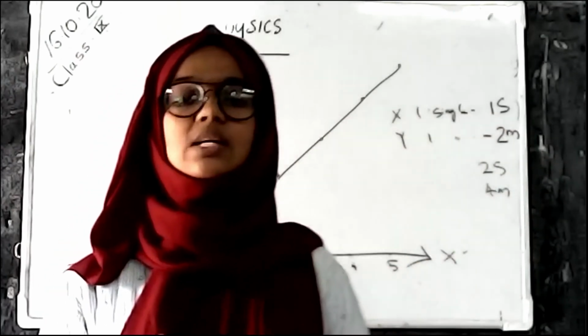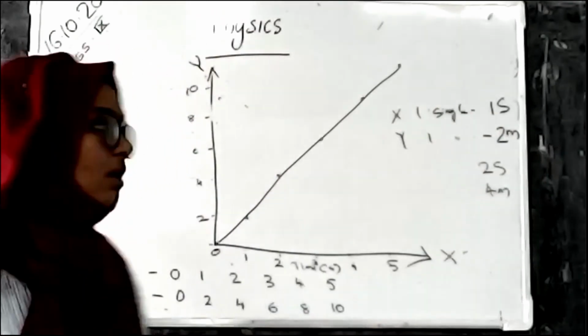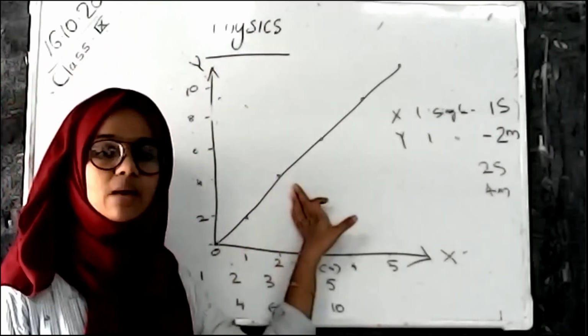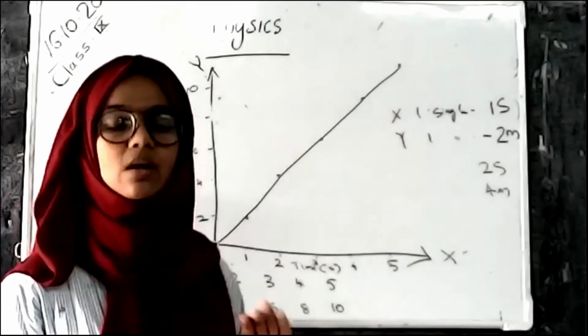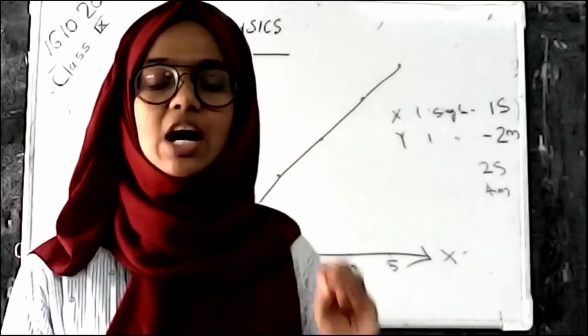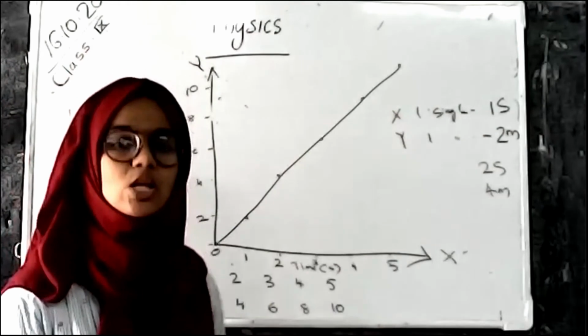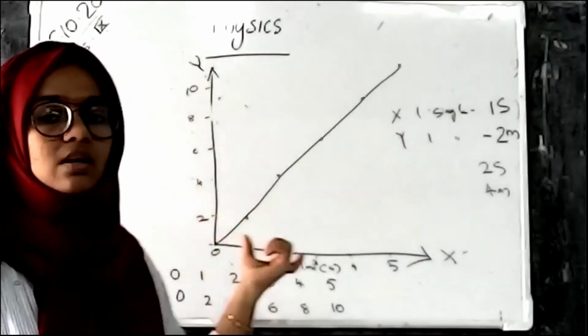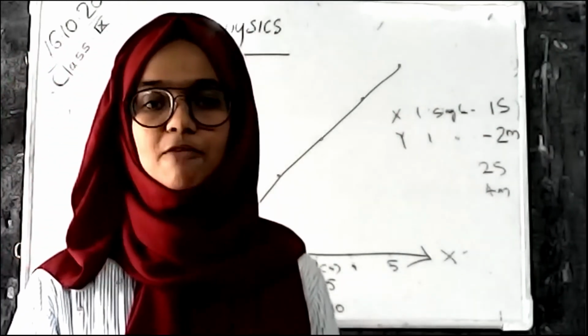So based on these values, the graph comes out larger or bigger. So the size of the graph depends on the values we take on the graph paper.